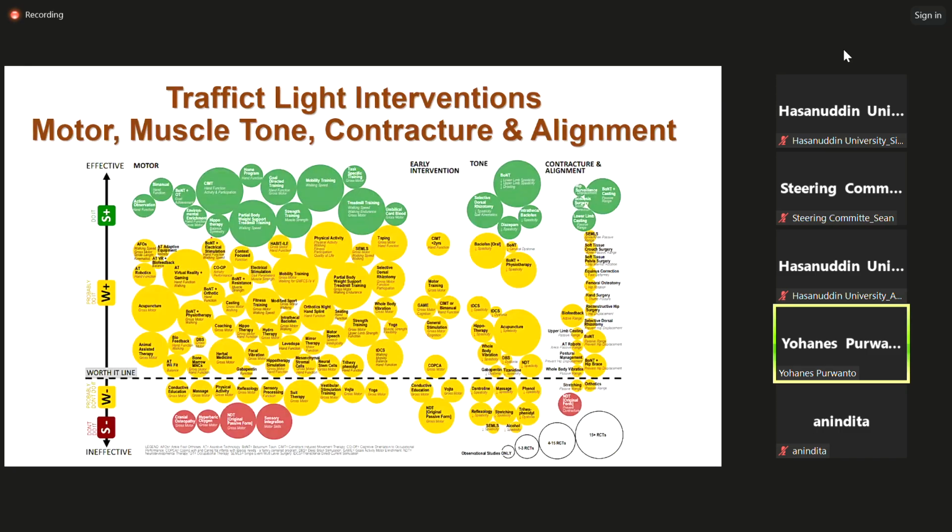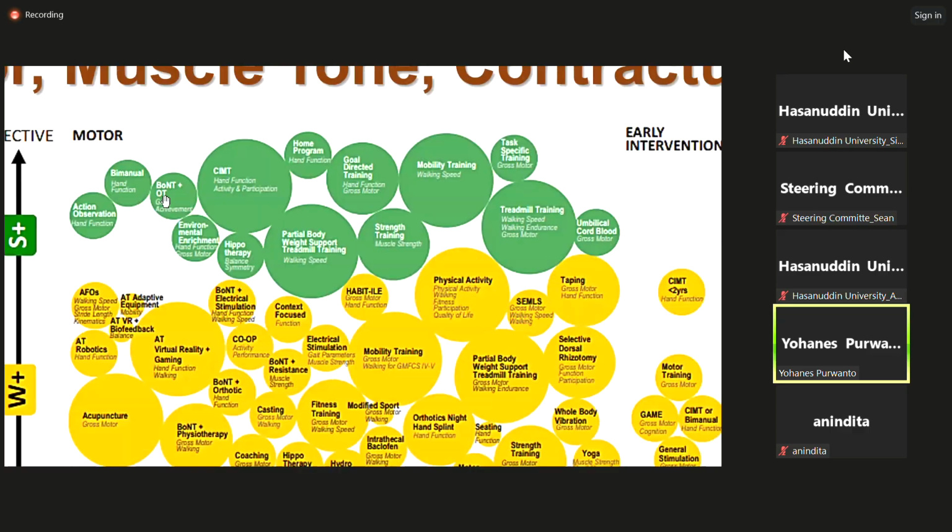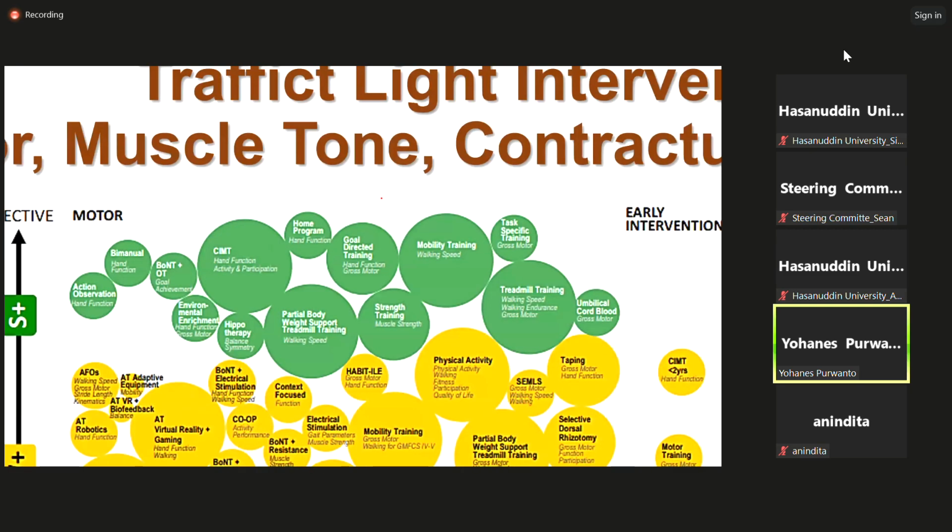You can see here that maybe the letters are too small, but I will explain some important information. The green color here is the most effective intervention, like CIMT, bimanual intervention, home programs, for walking partial body weight supported treadmill training, strength training, task-specific training.